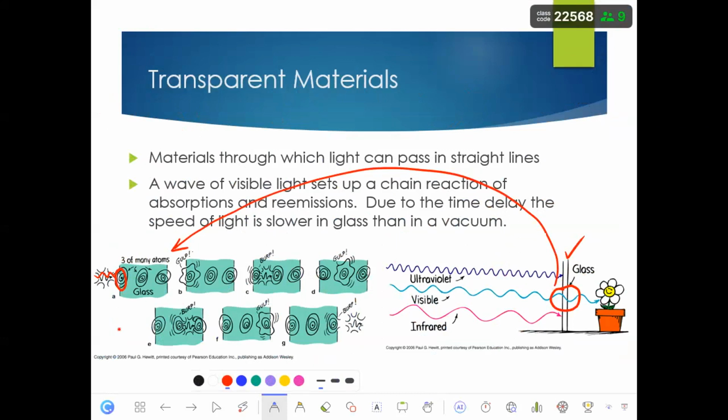When the molecule starts vibrating, you remember I said that an electromagnetic wave is created by vibration of a charged particle. So when it starts vibrating, again another light is created. But here it is going to be visible light. Why? Because the energy that this particle receives is in the range of visible light energy.